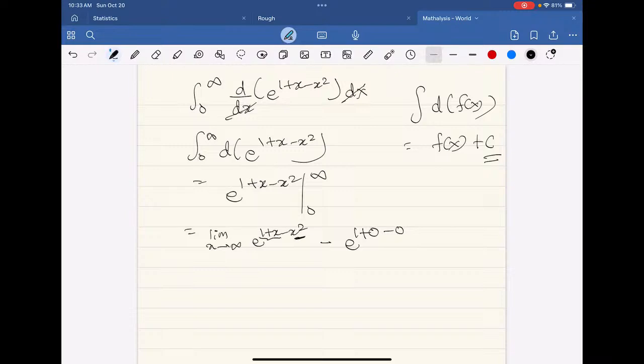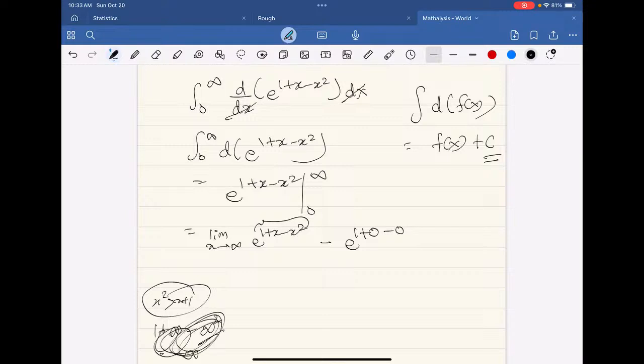For big numbers, definitely x square is greater than x plus 1. So this will dominate, and the overall expression will be dominated by x square. So this whole thing at infinity goes to negative infinity, because 1 plus x goes to plus infinity, but there's an infinity square which is way bigger, so the overall result will be minus infinity.